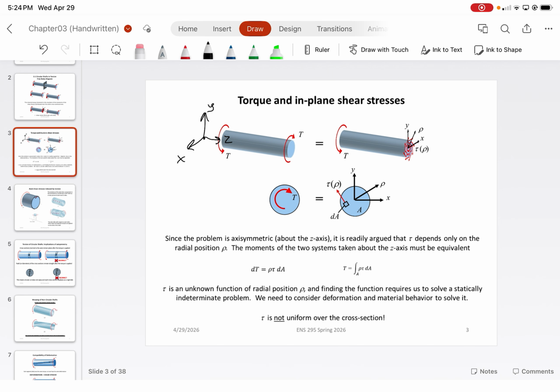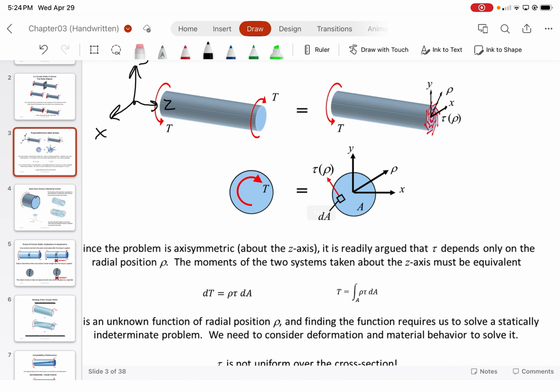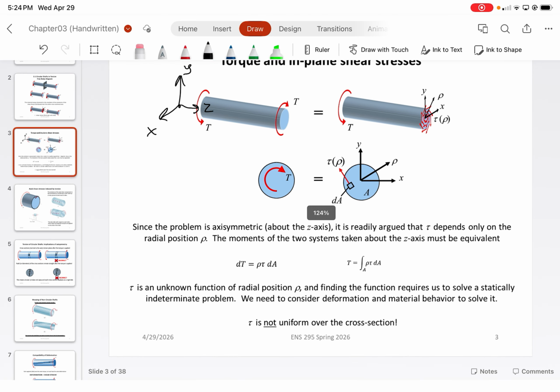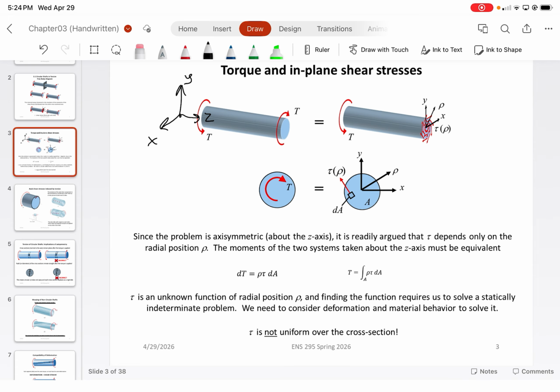And the moments of the two systems that we have, just the torque and the shear stress due to some radial position rho, must be equivalent. All right. Now, we can define this using calculus terms. So the differential of the torque is just equal to the radial position times the shear stress multiplied by the area.